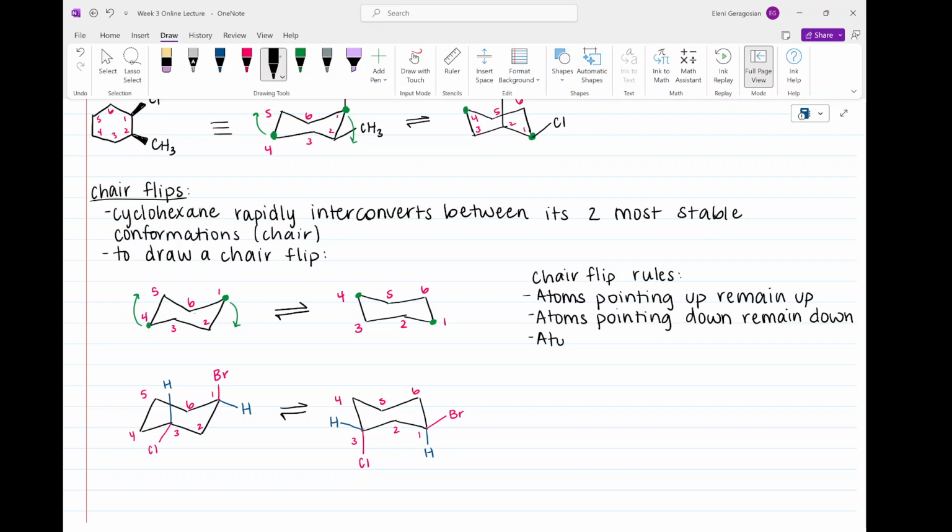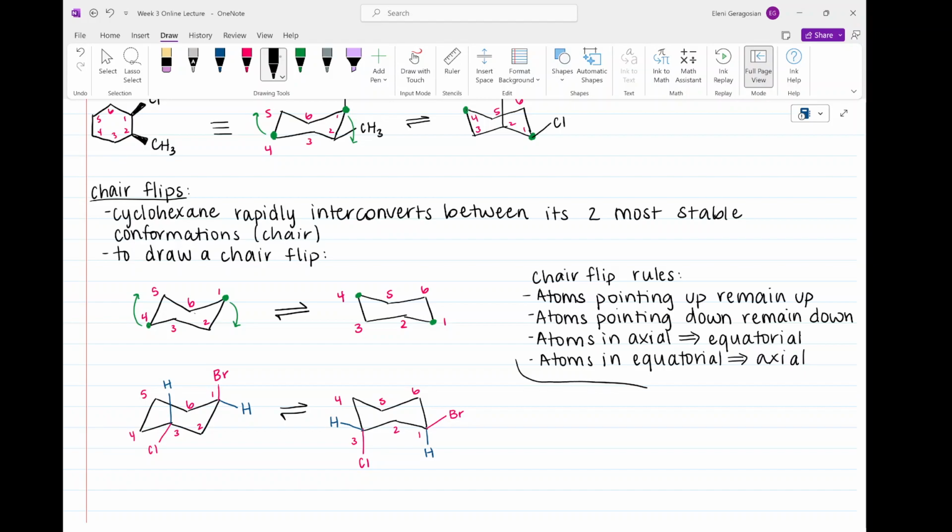So atoms in axial positions become equatorial positions. And then vice versa, atoms in equatorial positions will be axial in the chair flip.